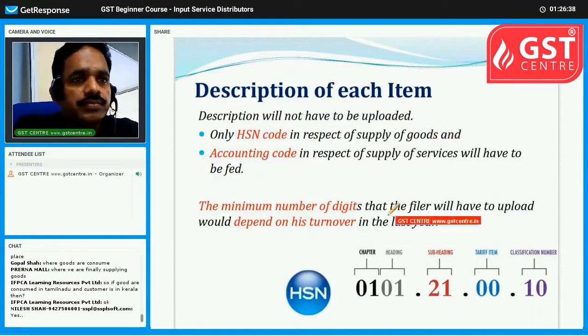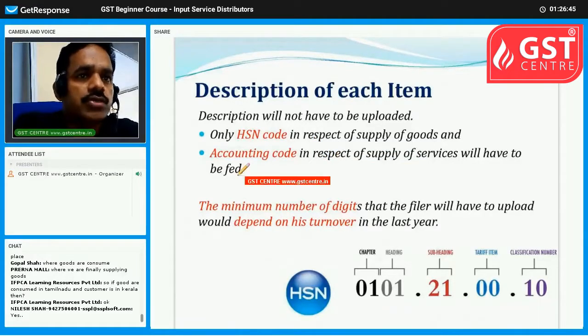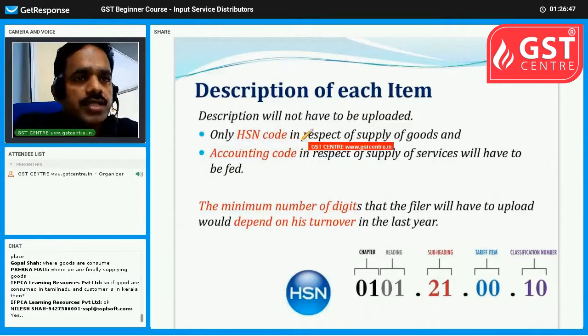Then description for each item. How we have to input the invoices. What code should be used? There is an HSN code, Harmonized System of Nomenclature, where each good is specified with a unique code on a universal level. So it will be the same across countries.